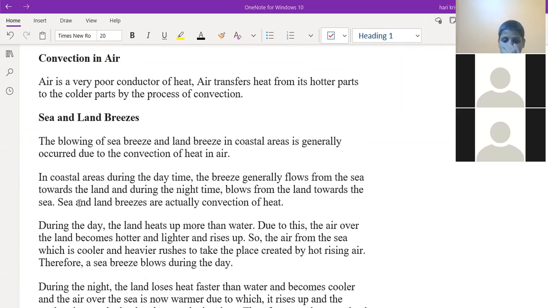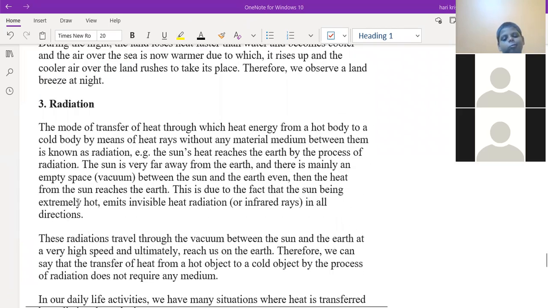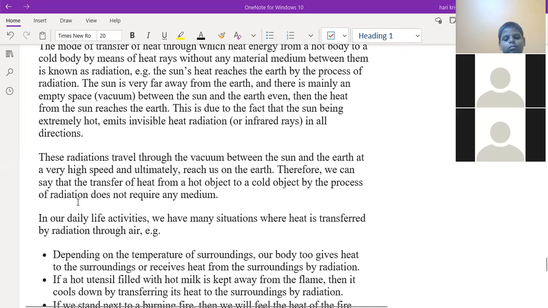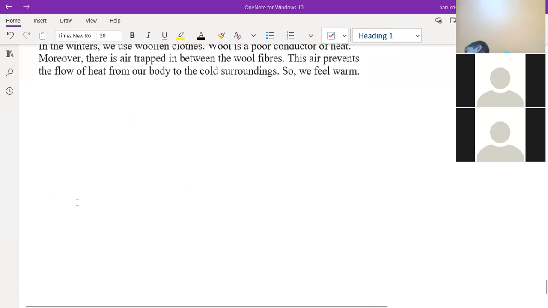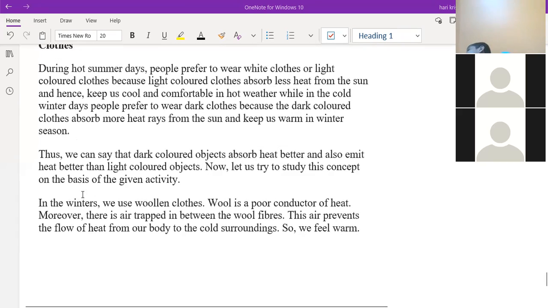This is somewhat related to social topics. Yes, sir, global temperature and all will come in this topic. The third one is radiation, right? The sun's heat will reach the earth in the form of radiation only. And the last one is the drying of cloth. So these are the main topics in this chapter.